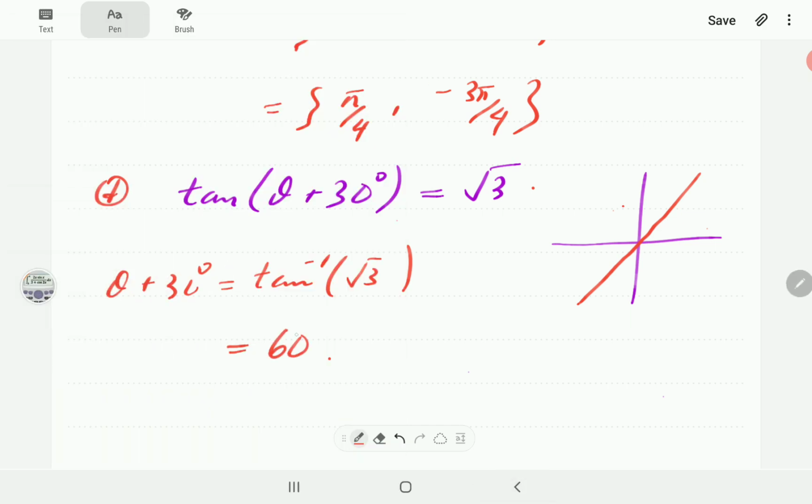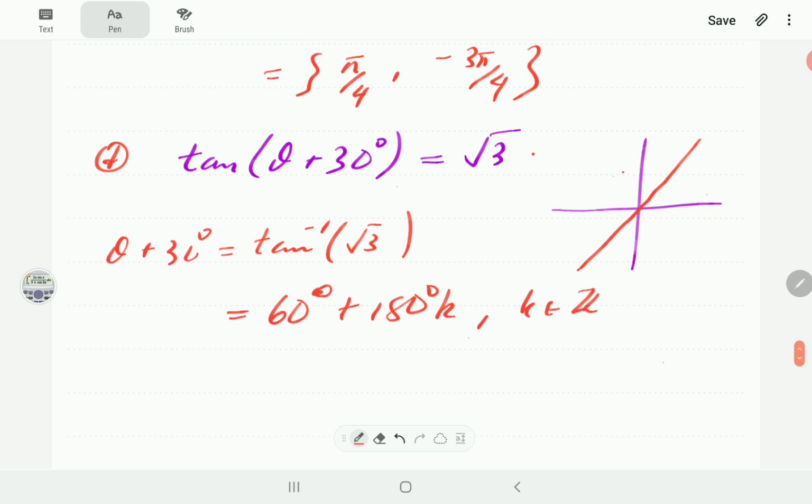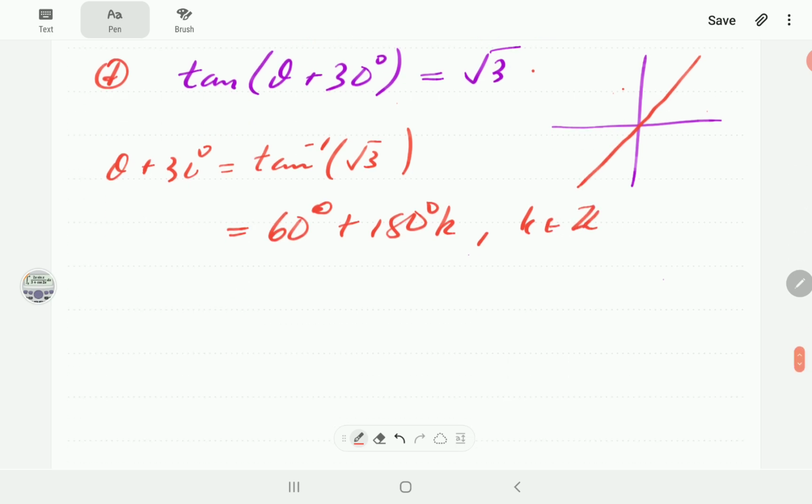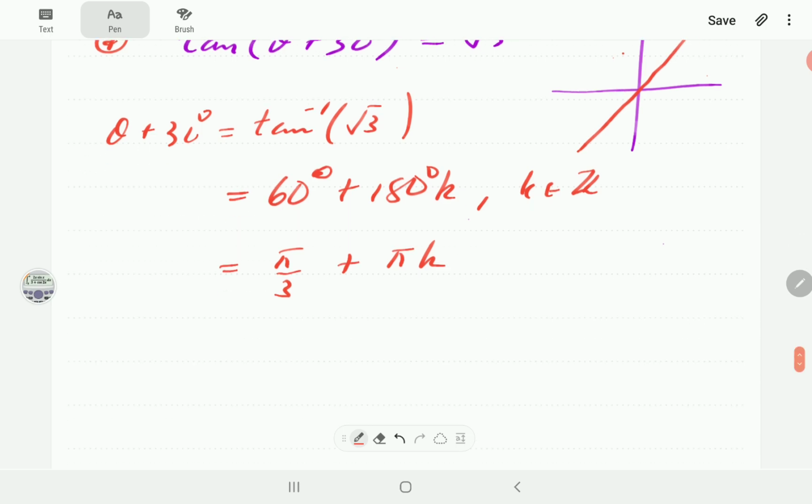So we're going to have 60 degrees. Then since the angles lie in a straight line, we're simply going to say 60 plus 180k, where k is an integer. In radians, this is pi over 3, and this is pi k.